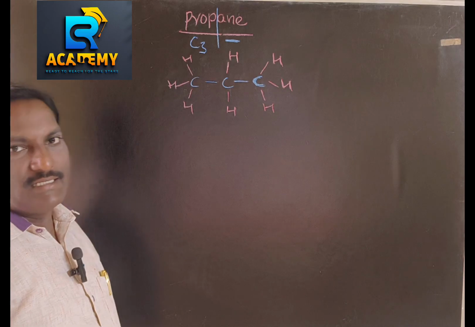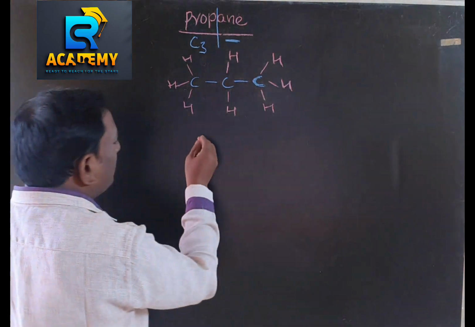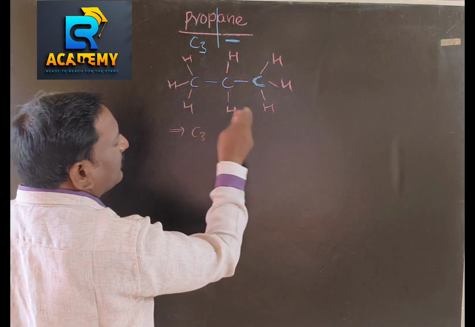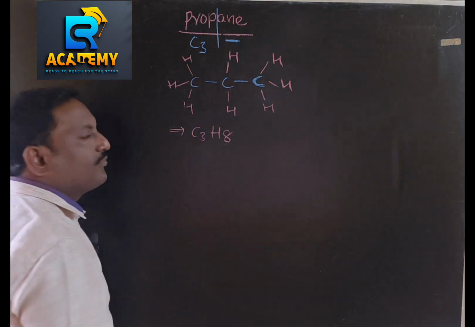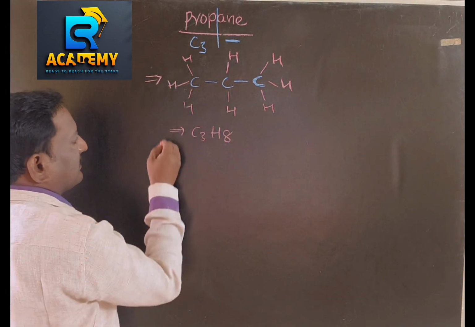Right? This is the detailed structure of propane. Chemical formula: C3H8 is the chemical formula of propane.